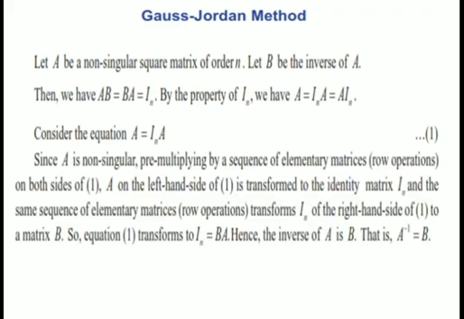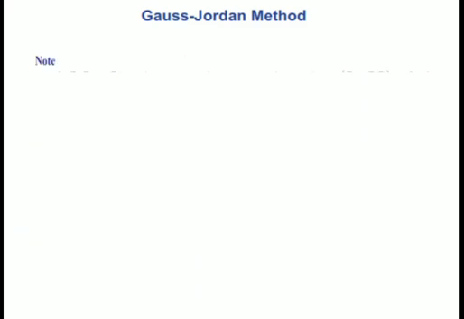Since A is non-singular, pre-multiplying by a sequence of elementary row operations on both sides of 1, A on the left hand side of 1 is transformed to the identity matrix In, and the same sequence of elementary row operations transforms In on the right hand side of 1 to a matrix B. So equation 1 is transformed to In equal to BA. Hence the inverse of A is B, that is A inverse equal to B.